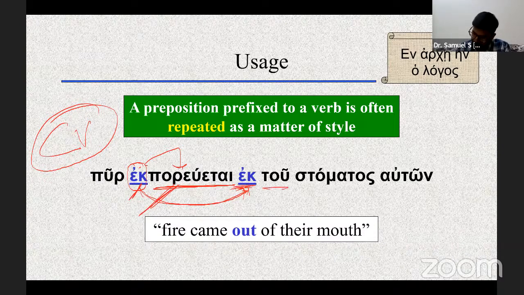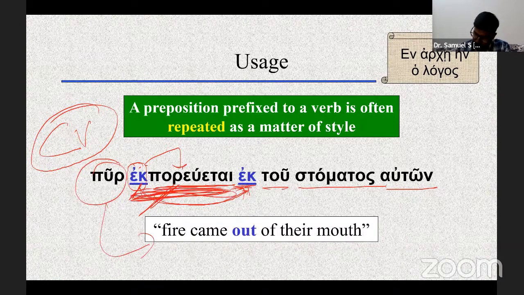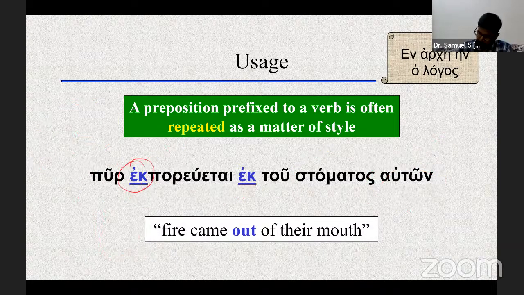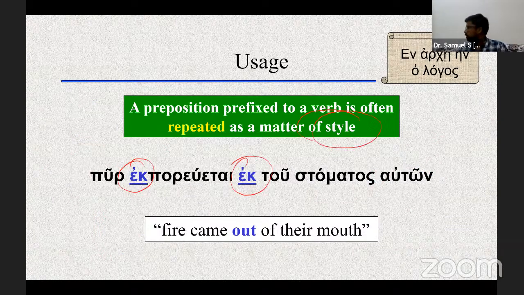Again from the stomatos auton. Fire came out from their mouth. So why two times the ek? Just a style. That's how it is, right?